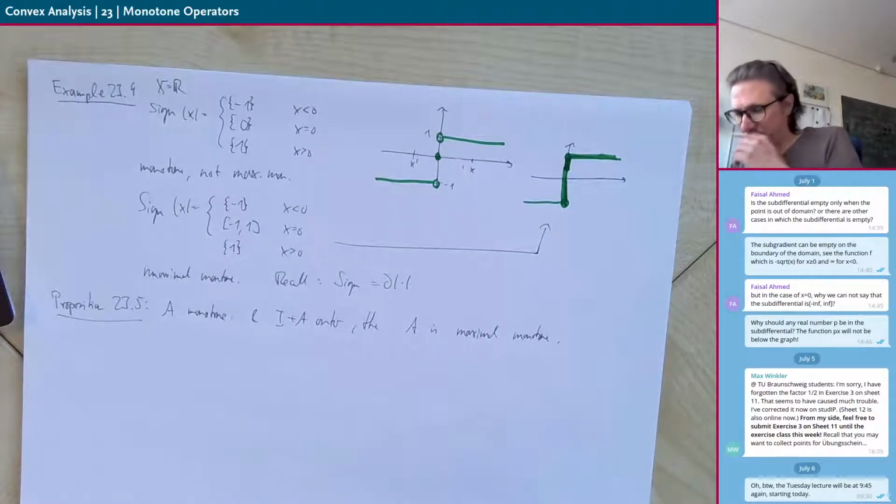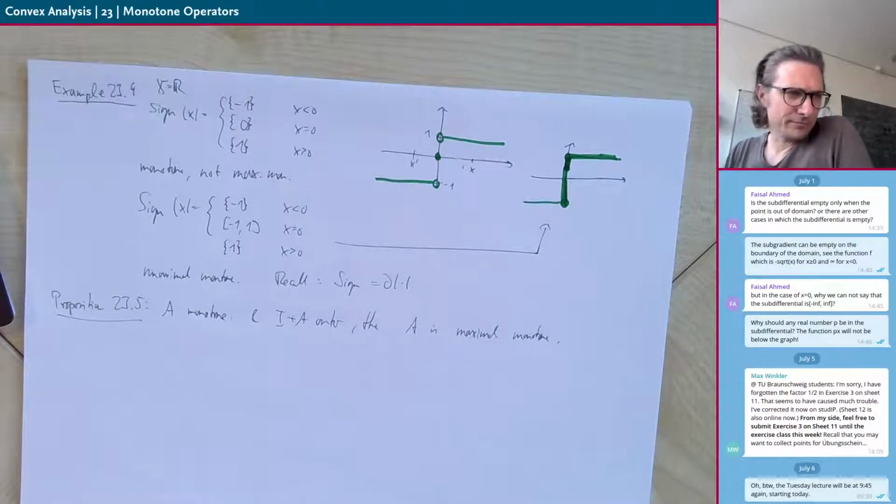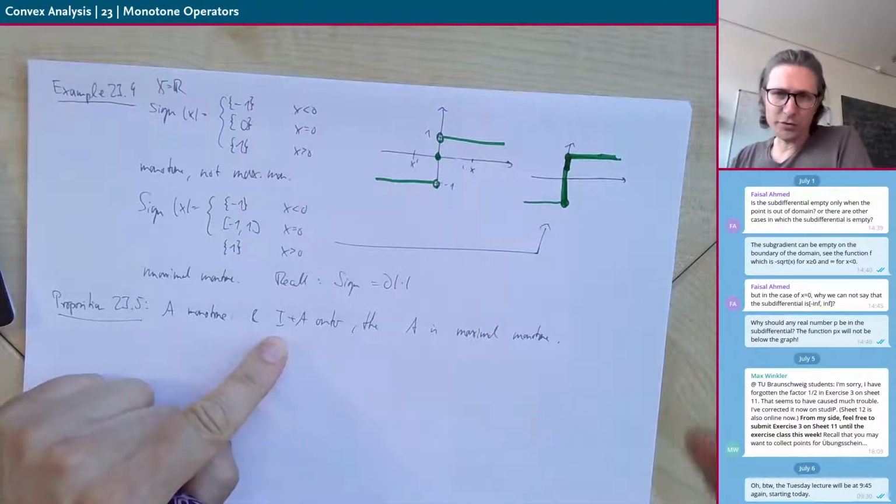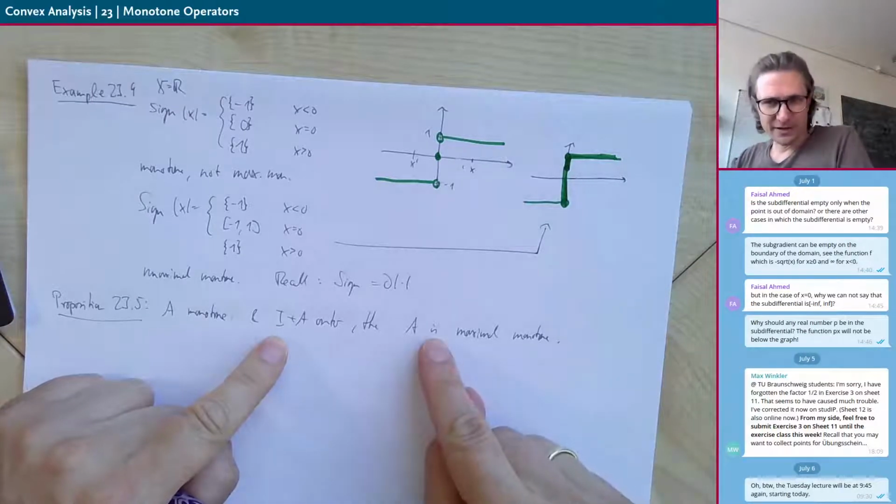So that's one way to get maximal monotonicity. If you can prove that identity plus A is an onto map, then you know that A is maximum monotone.